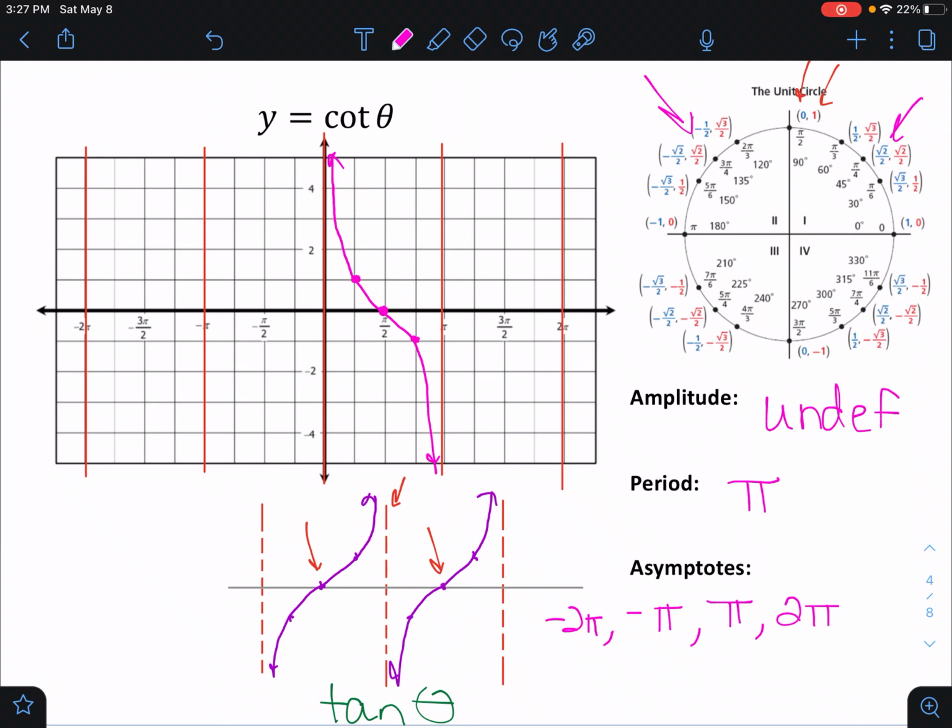Okay, so really, this makes this one of the easier graphs to modify, because the period is the same as where the asymptotes are, so that really helps make it a little bit easier to graph, even when it's been changed.